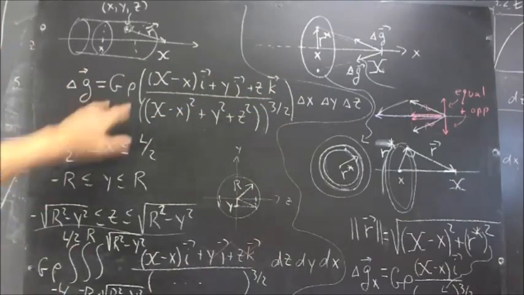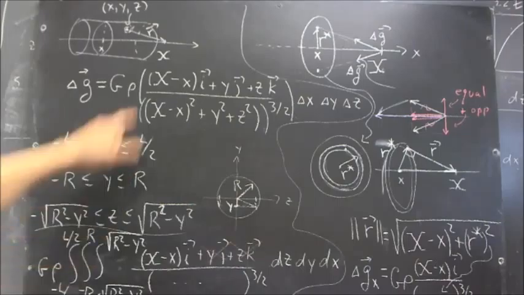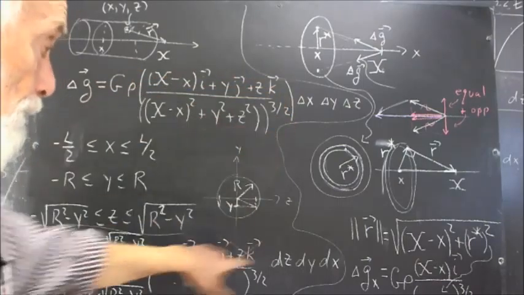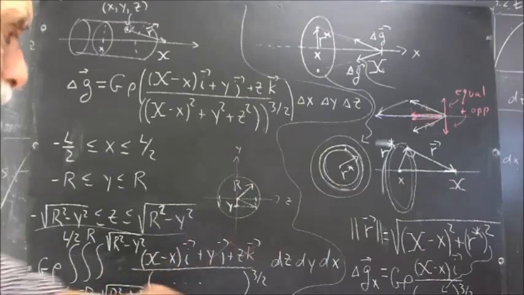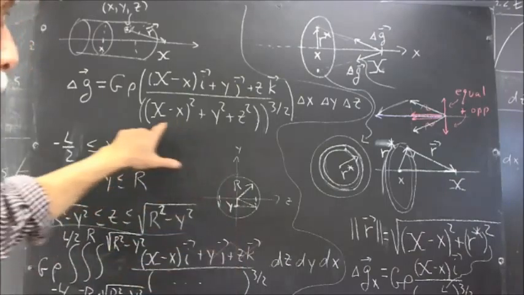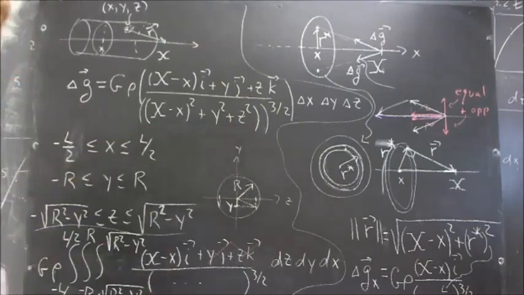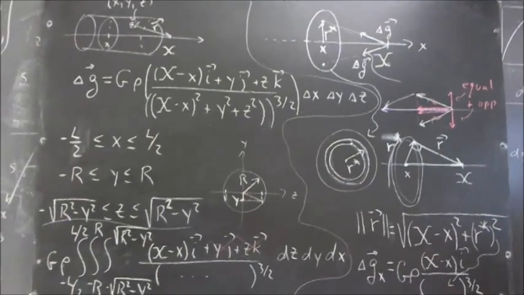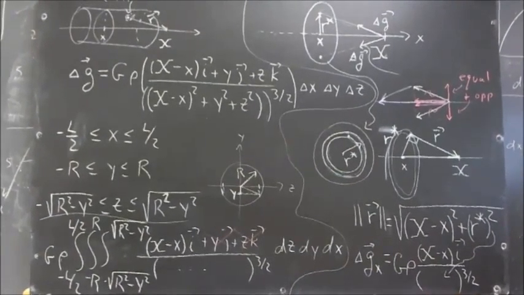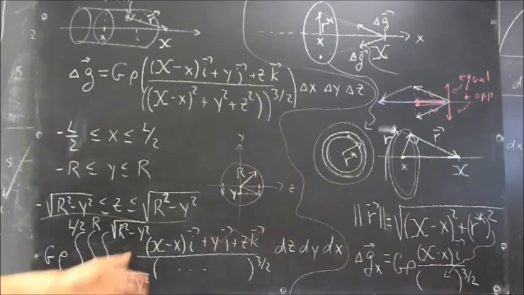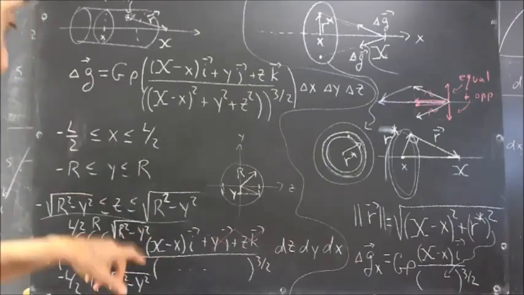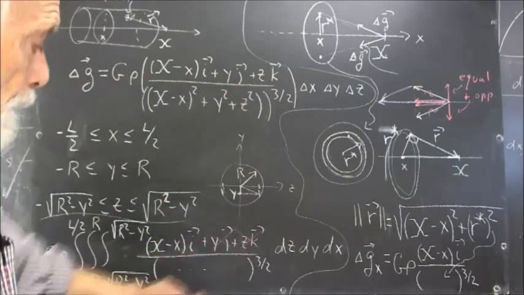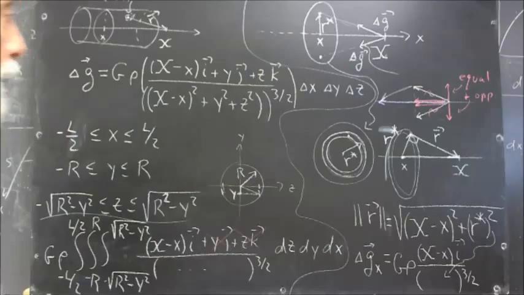Okay, now the G rho I've factored out, so I've just got the expression in parentheses with the limits, and this is what we have. Now the empty parentheses down here is just what I've written here. I chose not to write that in class, and I could fill that in, and maybe I will at the end of this. But it's just the 3/2 power expression, which is just this.